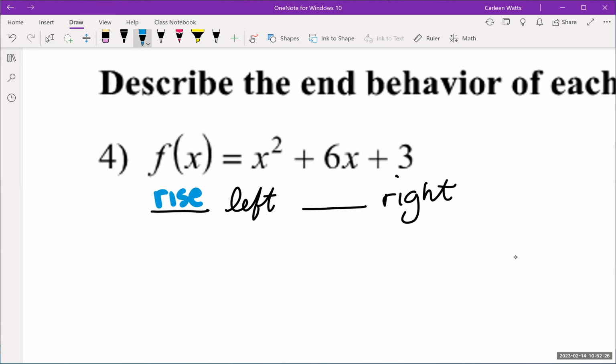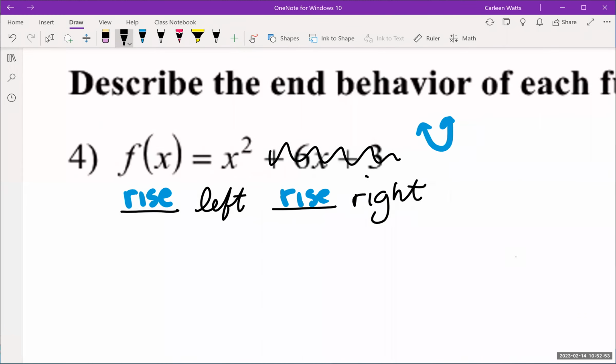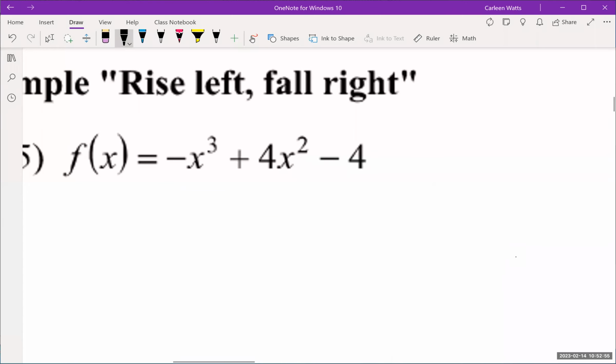Rise left, rise right, because the parent graph looks like that. Does that make sense? We are ignoring all of this. Exponent of 2 makes a U, rise left, rise right. A little bit of a tongue twister here.